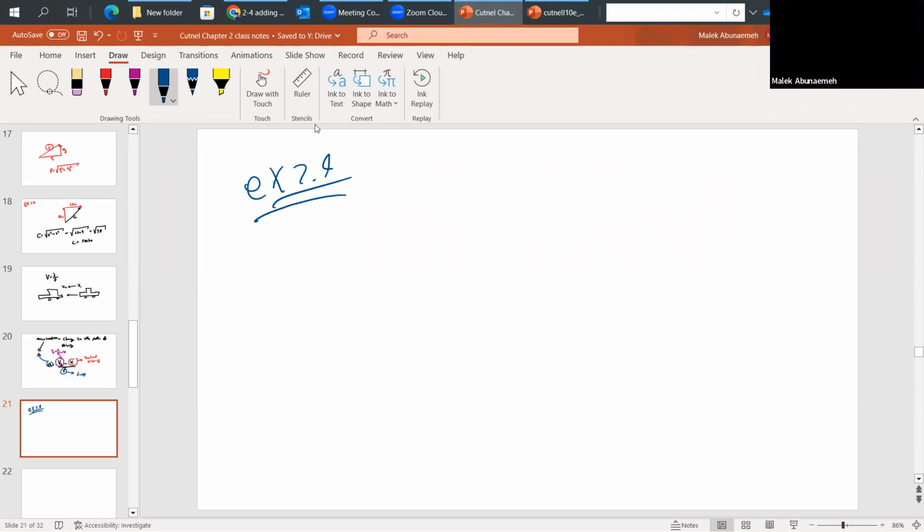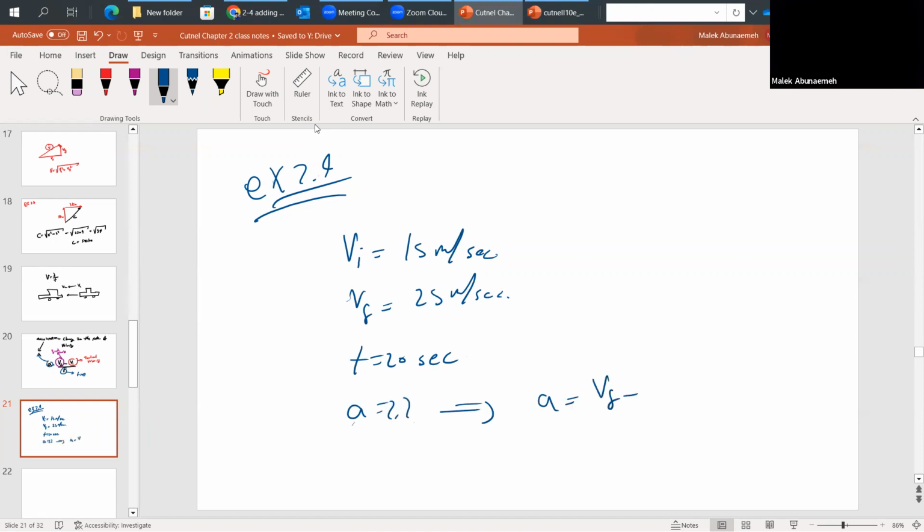Your car accelerates from 15 meters per second, so VI is 15 meters per second. Your final is 25 meters per second in 20 seconds, and you're looking for your acceleration. That means your acceleration, which is your VF minus your VI over your T, is going to be 25 minus 15 divided by 20. So we should get 10 divided by 20 meters per second.